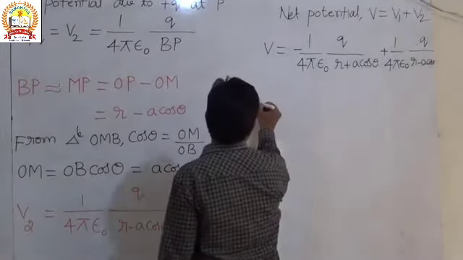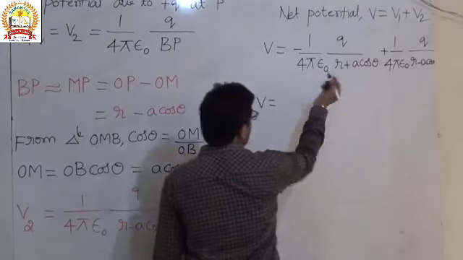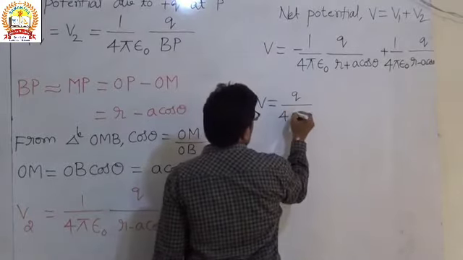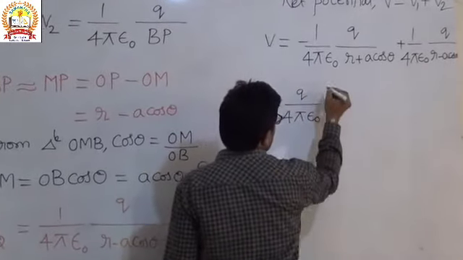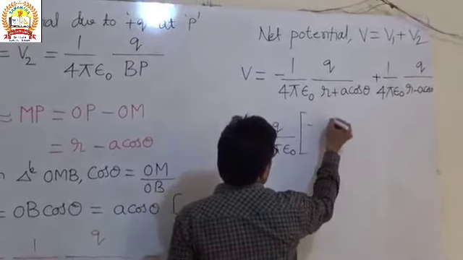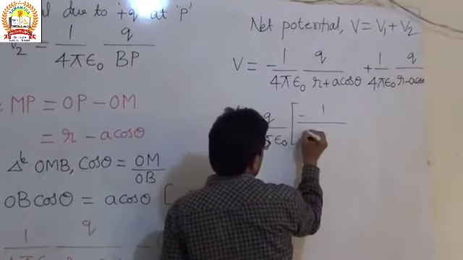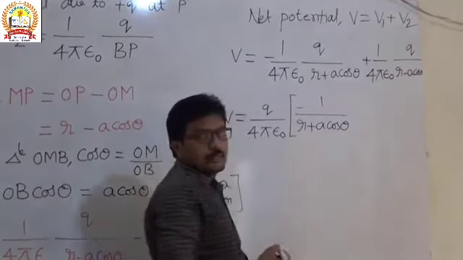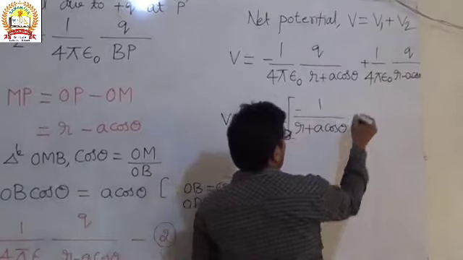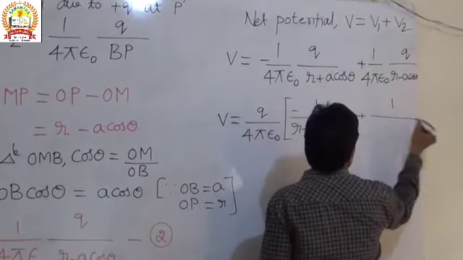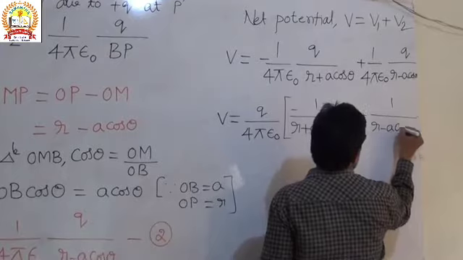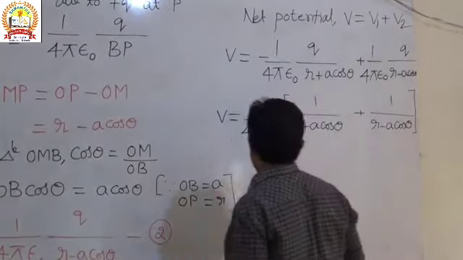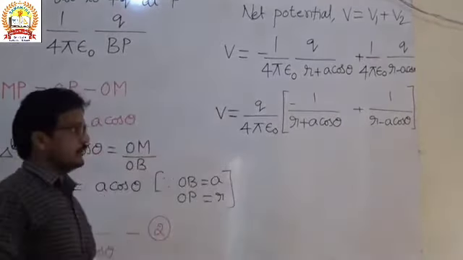Then V is equal to, here the common term is Q by 4 pi epsilon naught, then minus 1 by R plus A cos theta plus 1 by R minus A cos theta. Okay, we add these two terms, then we simplify the equation.